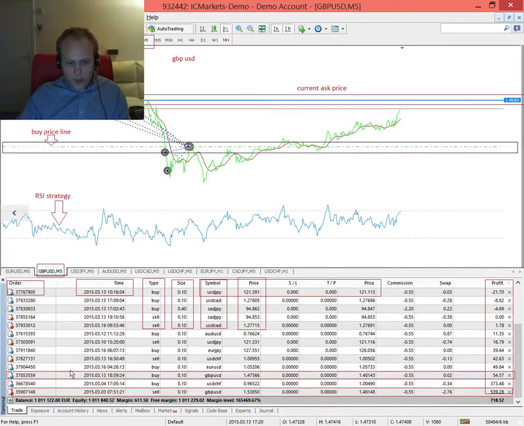So again, you can see that this system is trading the same RSI strategy. You can see that the GBP USD over here is up in profit because it bought over here.